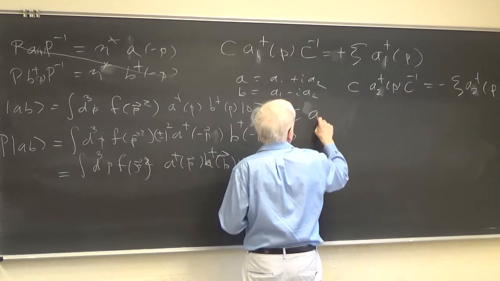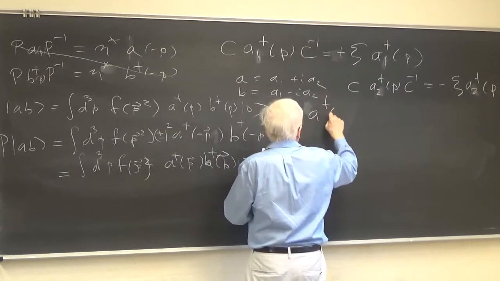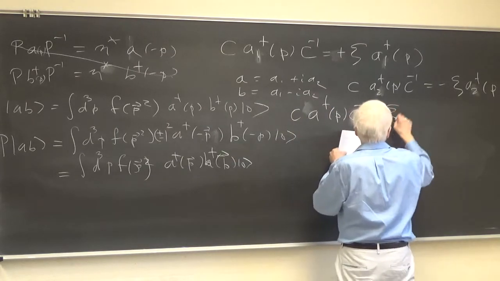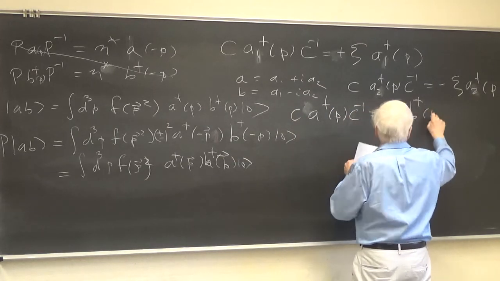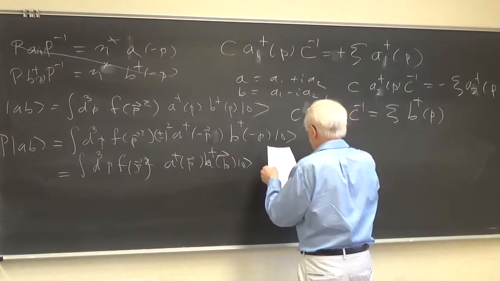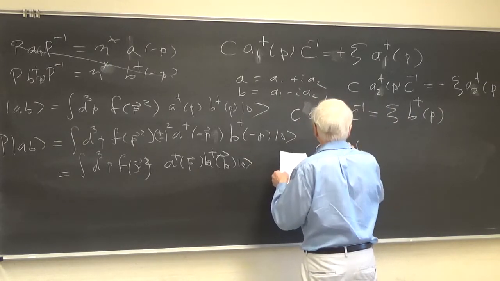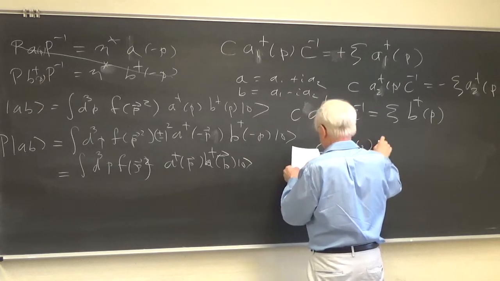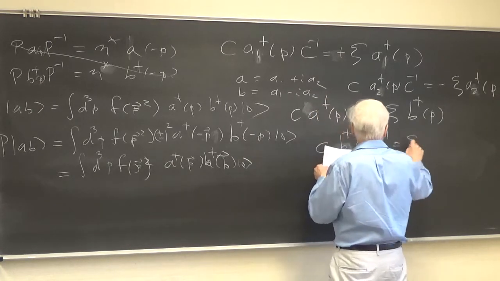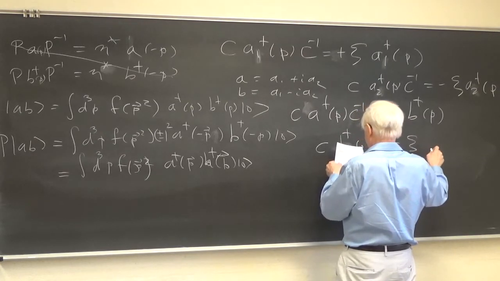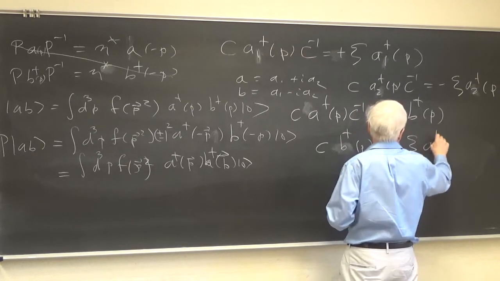Under charge conjugation, C A dagger of p C inverse is C B dagger of p, and C inverse is C. Boy, there are an awful lot of typos.